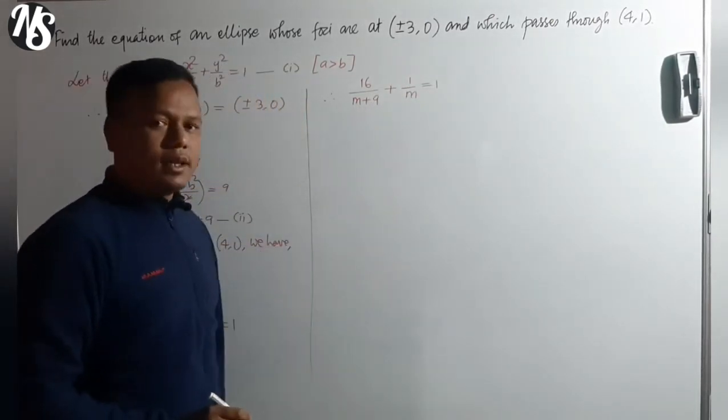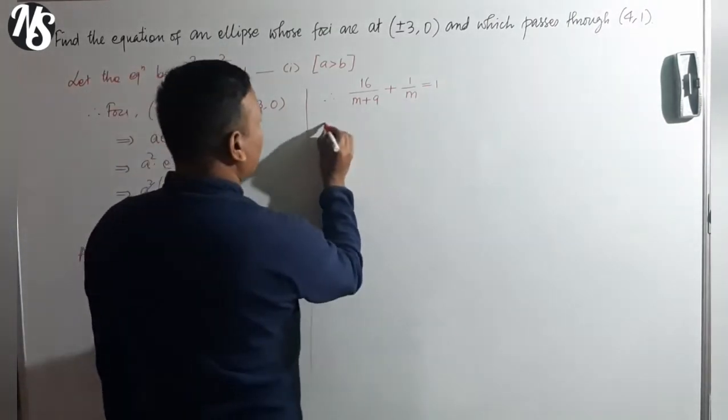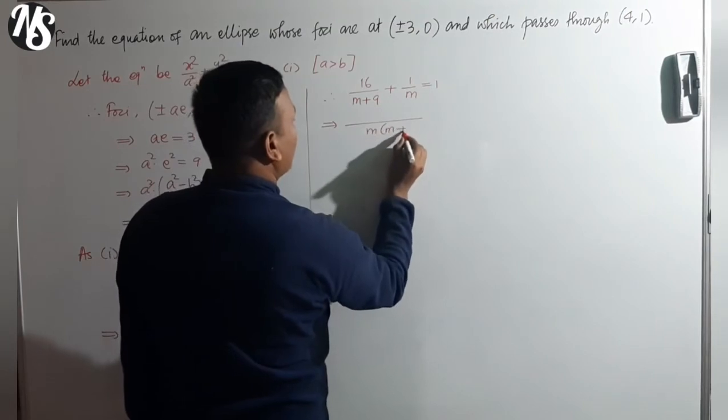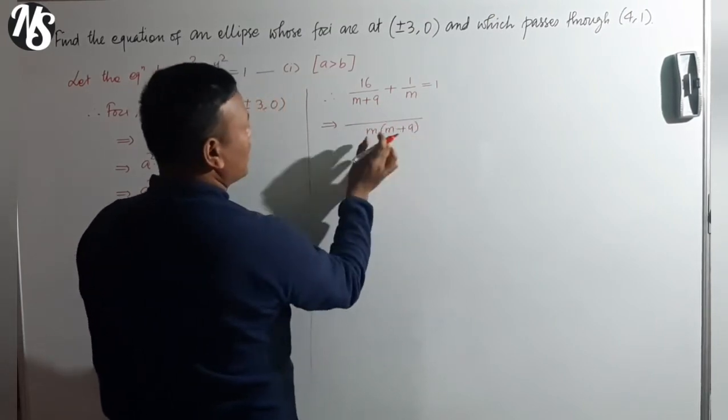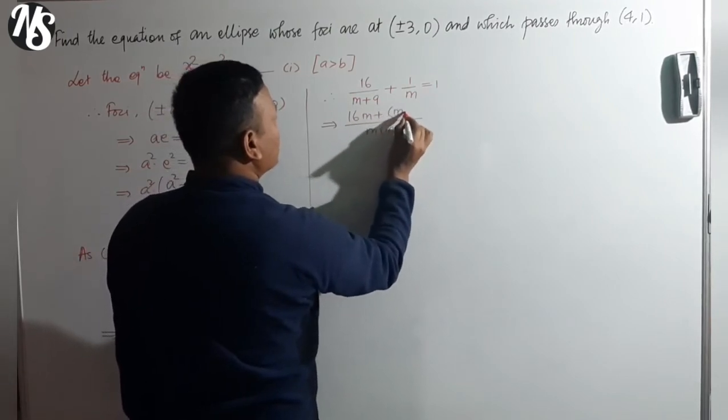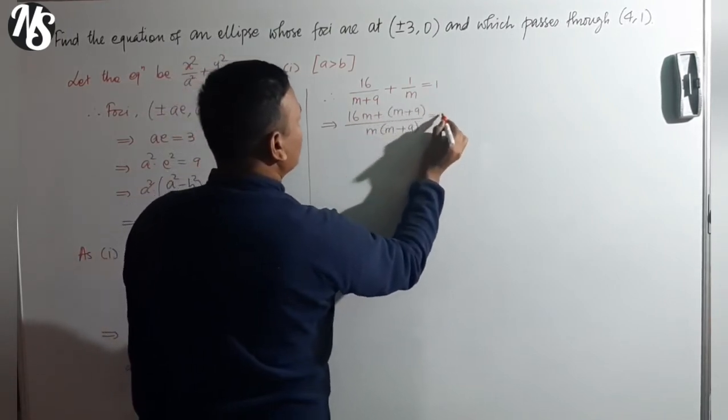Now from here, we will arrive at the quadratic equation. Let's see. So we have LCM m into m plus 9. So you will get 16m plus m plus 9 equals 1.